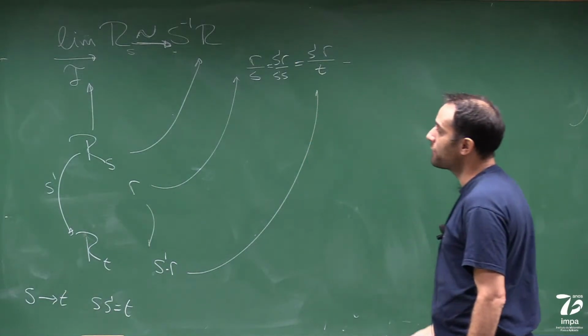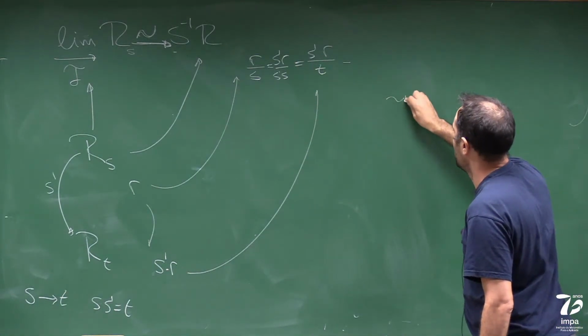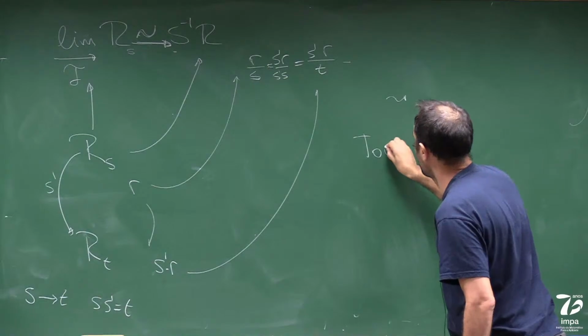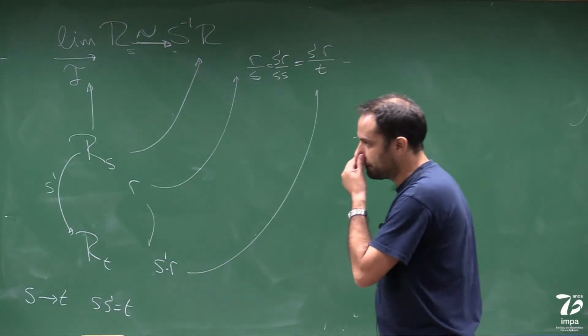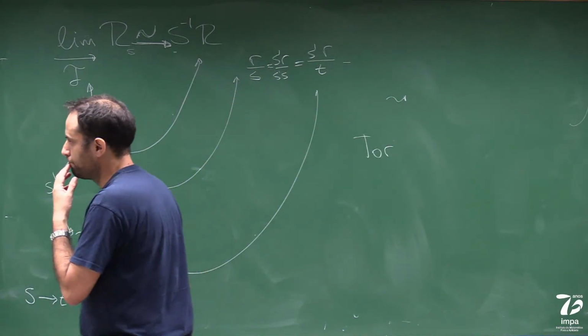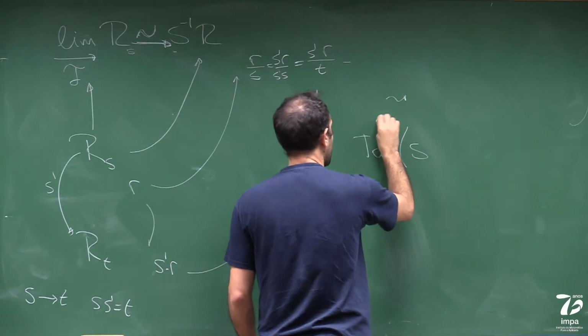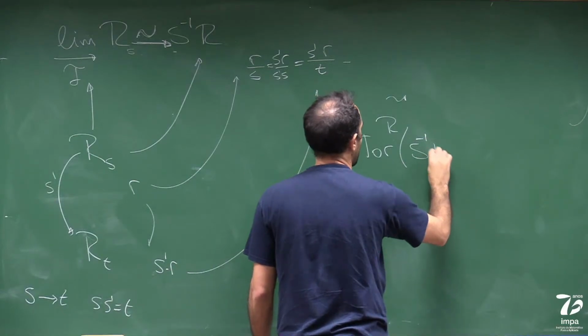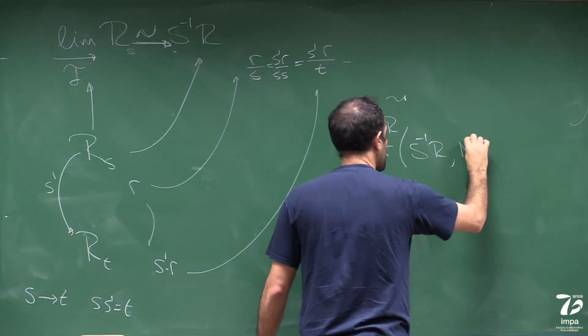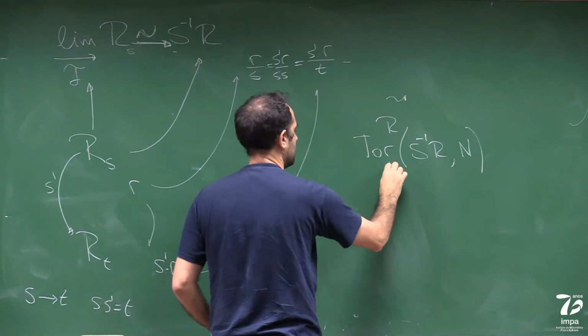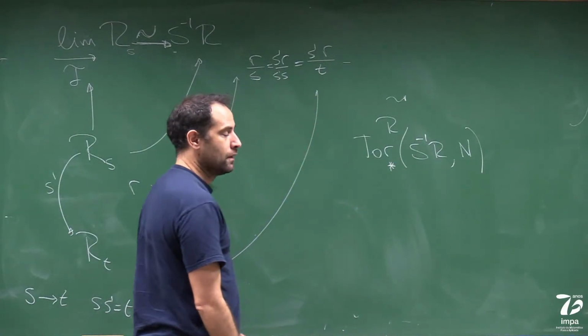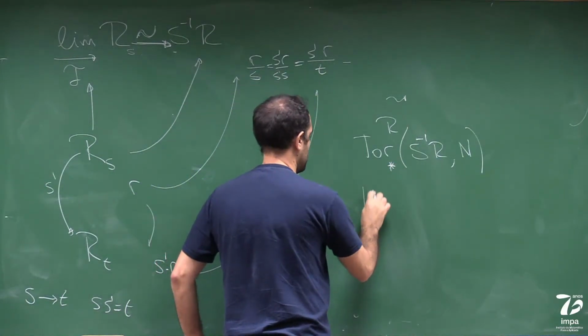All right, so once you have this, then Tor_k over the category of R modules, of S inverse R with coefficients in any module N, well, this is a homology.